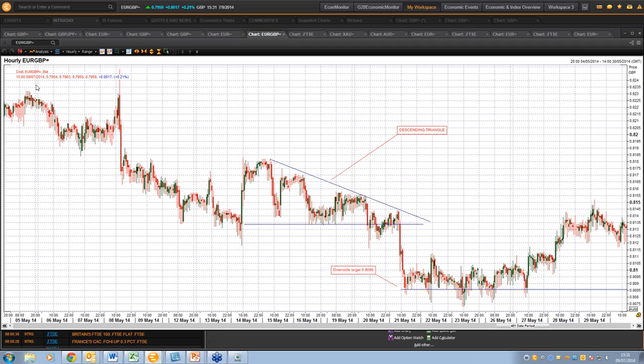This is a descending triangle where you've got the downtrend into the triangle where you start to form support, and then you get these instances of reactions that peak out at lower levels along the way before a sharp move to the downside. You've actually completed the pattern, the triangle breakdown here, and it's actually given you more time to get back into the chart.